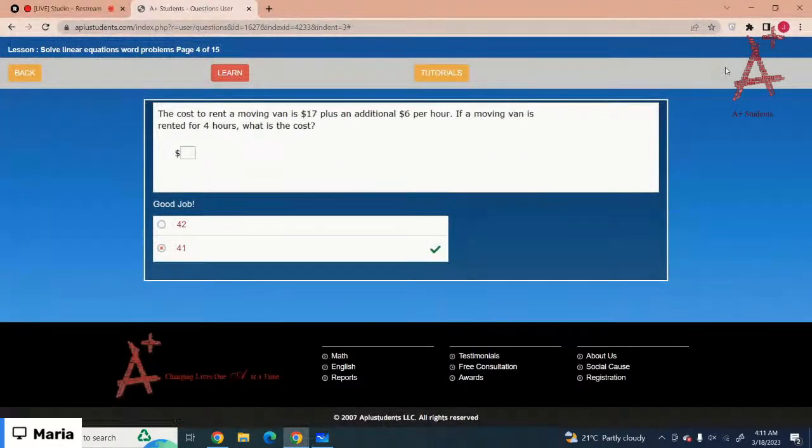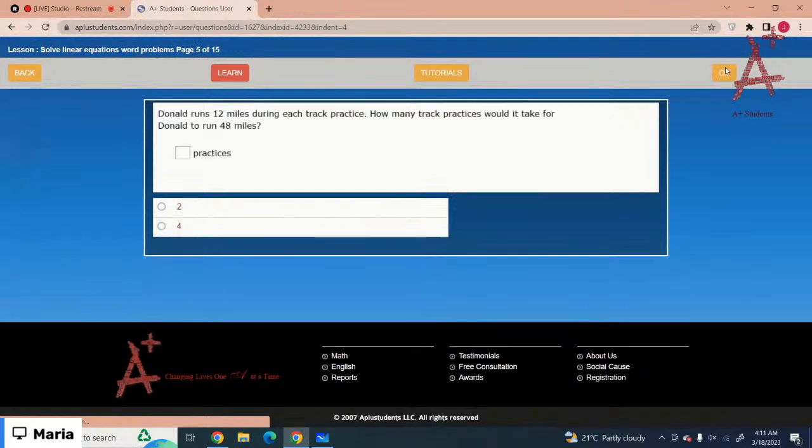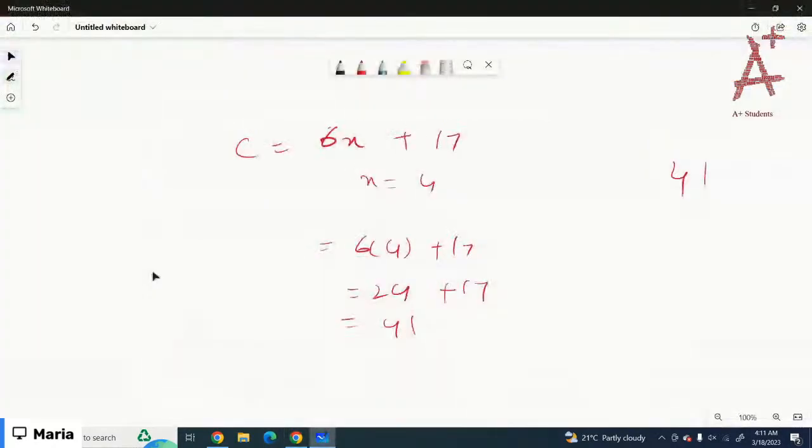Okay, the next one is Donald runs 12 miles during each track practice. How many track practices would it take for Donald to run 48 miles? Got it? So he runs 12 miles per track practice.